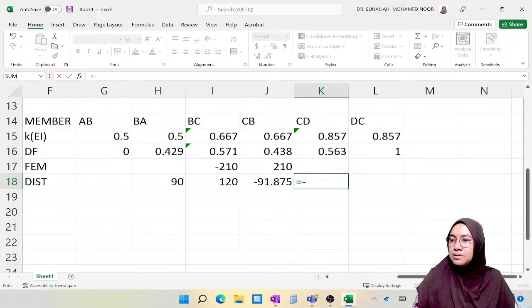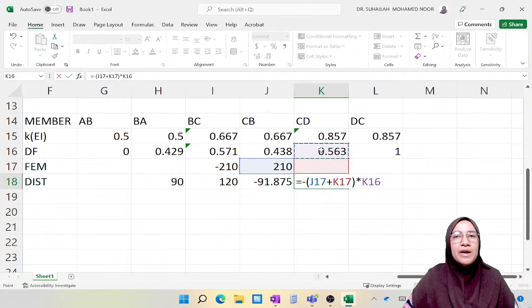So we get the remaining, because it is just the difference between 210 and negative 91.875, times 0.563.